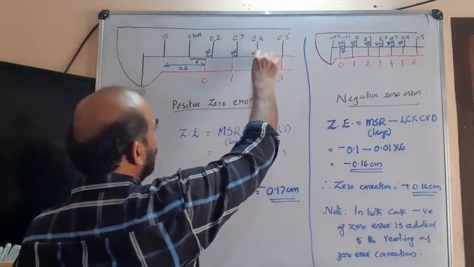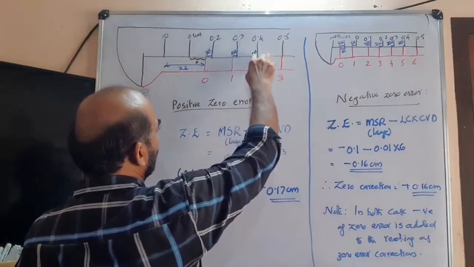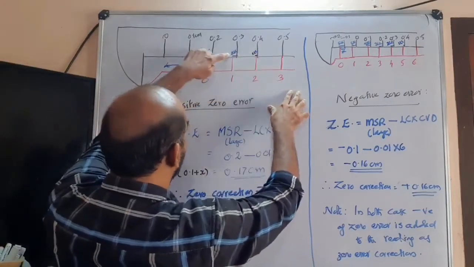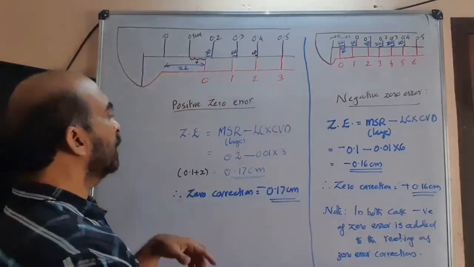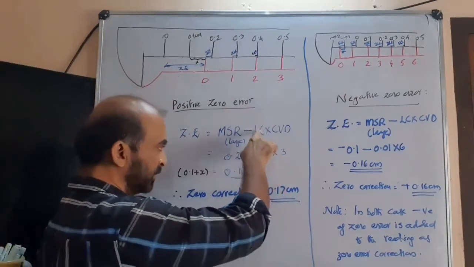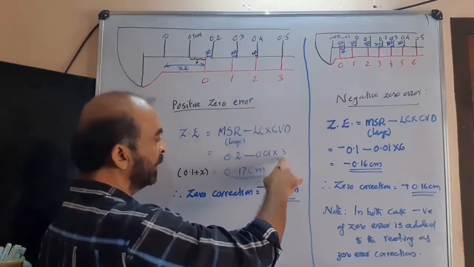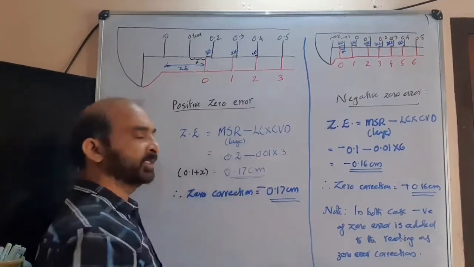Between the next line of the vernier and the main, there will be 1 least count difference. For the next one, it will be 2 least count difference. Here it is 3 least count difference. So least count is 0.01 and coinciding vernier division is 3.